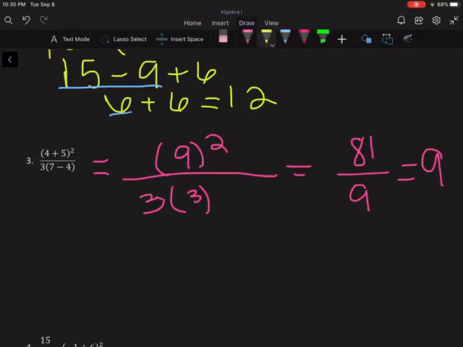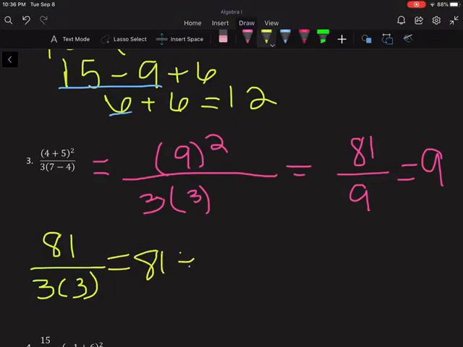So if I were to go about doing this a different way and did it 81, which is 9 squared, divided by 3 times 3. So let's say I put this in my calculator. This would be 81 divided by 3 times 3.